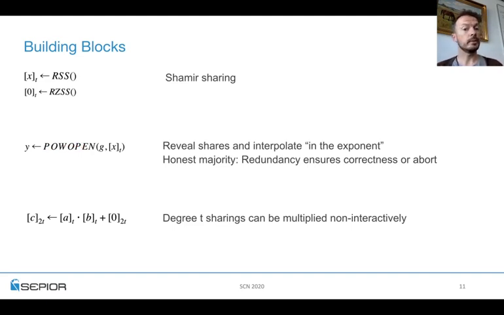Because we're in the honest majority setting, there's enough redundancy that we can ensure this protocol either aborts or gives the correct result. Then we also use the fact that given 2 degree t sharings of 2 values, we can compute the product without communication, but with a degree 2t sharing.